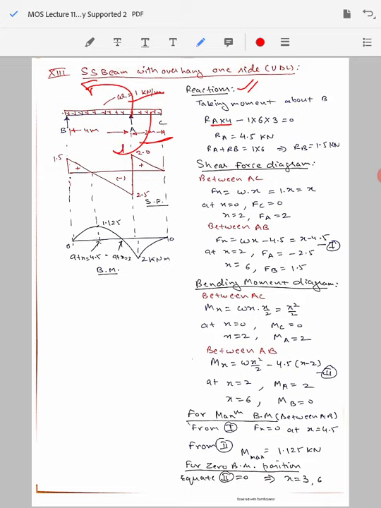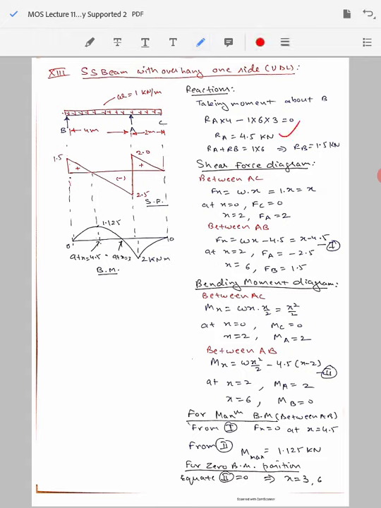So the total force that is acting because of this uniformly distributed load will be 1 kilonewton per meter multiplied by the total length of the beam, that is 6. So 1 into 6 is the amount of force that is acting, and for taking moment we will consider it to be acting exactly at the middle of that span, so that is 3 meter from the support B. So that's why you get here 1 into 6 into 3 in this equation, which gives us the value of RA equal to 4.5 kilonewton.